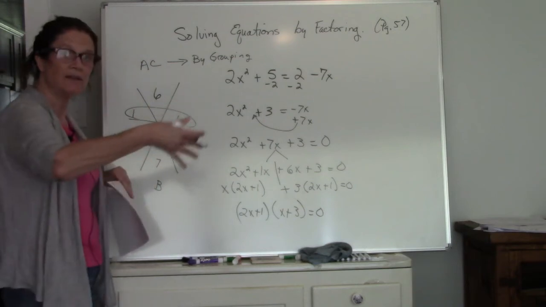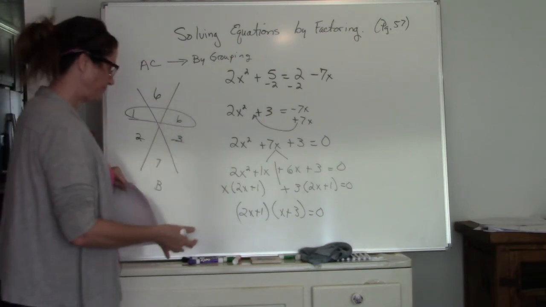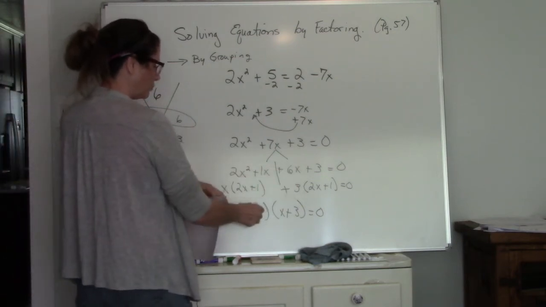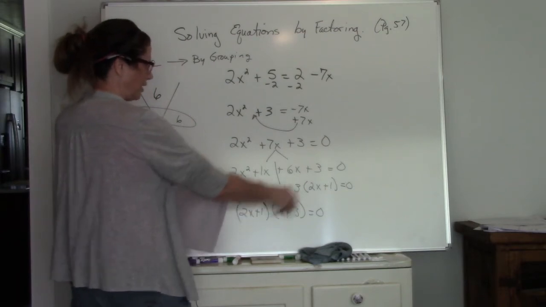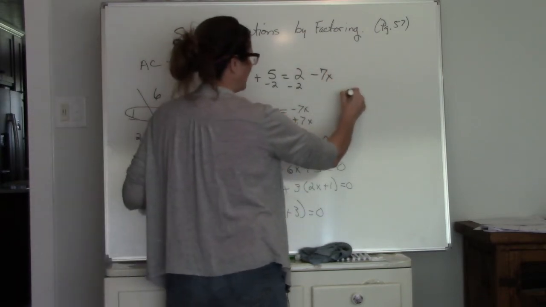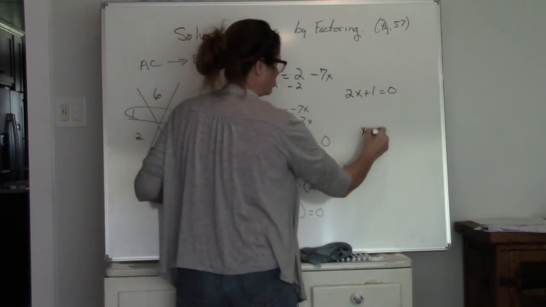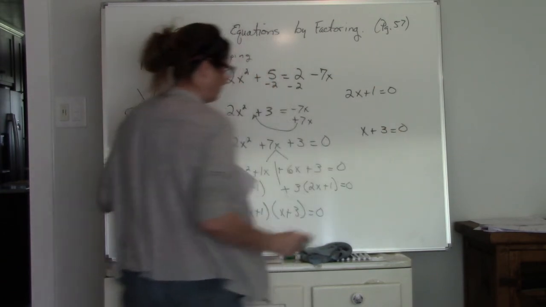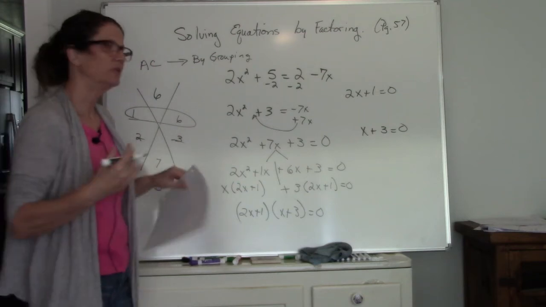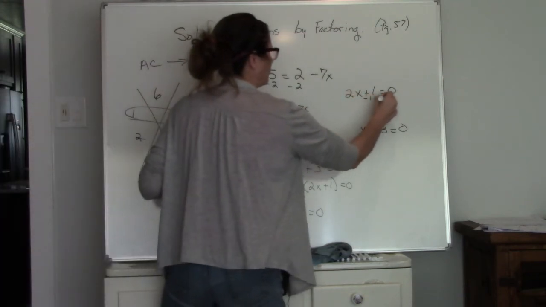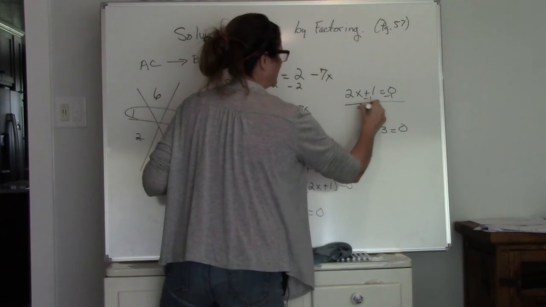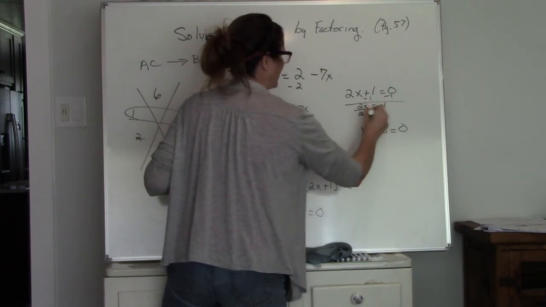Okay, so again, I'm not done because I'm solving by factoring. So once I reset this, now I'm going to set each term equal to 0. So I have 2x plus 1 equals 0 and x plus 3 equals 0. And then I'm going to solve. Two-step equation. I'm going to subtract 1, divide by 2.